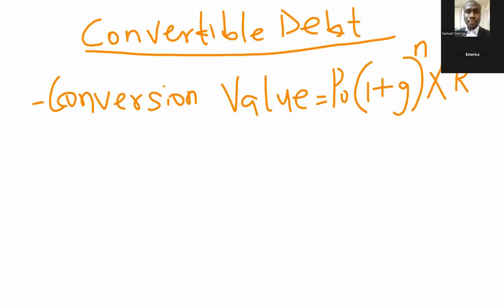It's the value on the last day where you are converting the debt to equity.